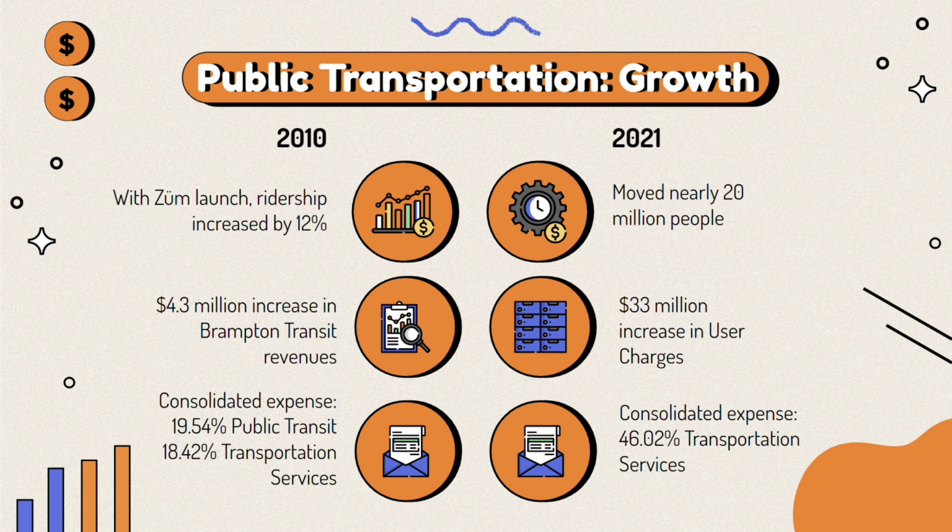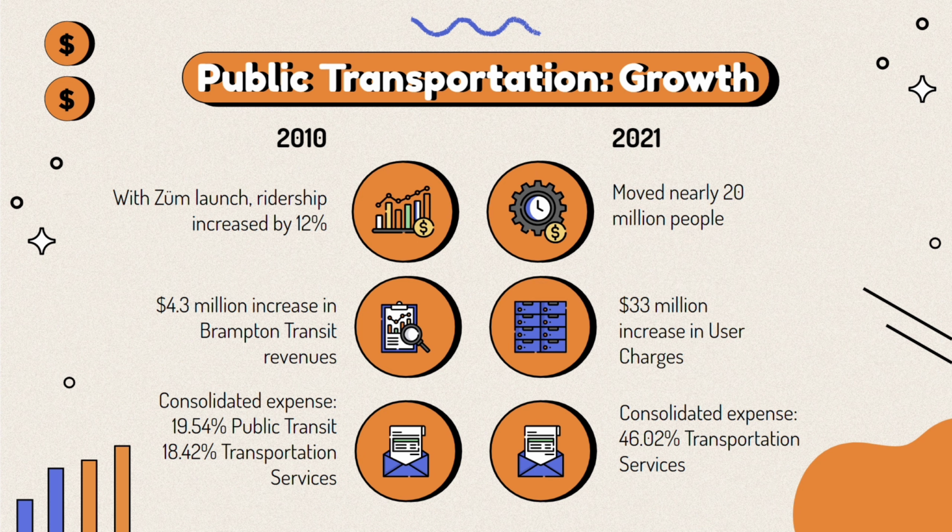In 2010, public transit held 19.54% and transportation services held 18.42% of consolidated expense. When added together, it totaled 37.96%. On the other hand, in 2021, transportation services held 46.02% of the consolidated expense.